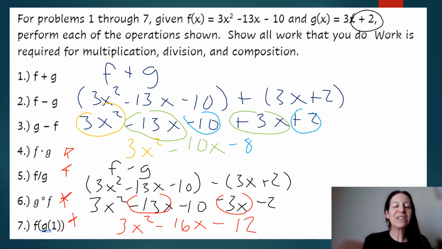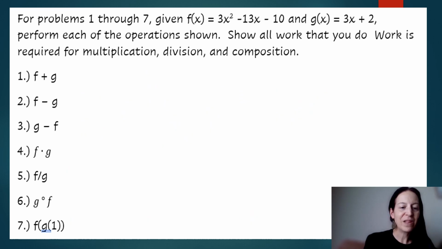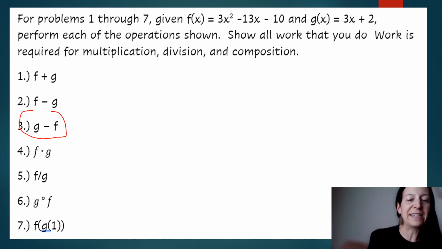So notice that we have positive 3x squared minus 16x minus 12. Okay, just notice that. So we have a positive and then two negatives following it. My next slide, I'll start off with g minus f. So for g minus f, we're going to switch the order.